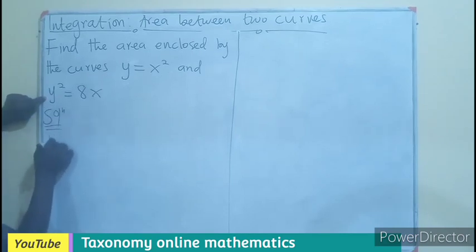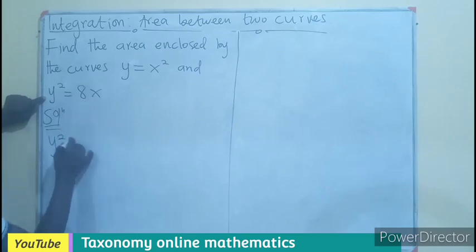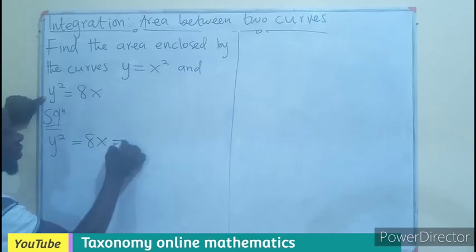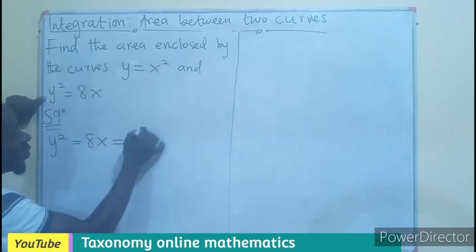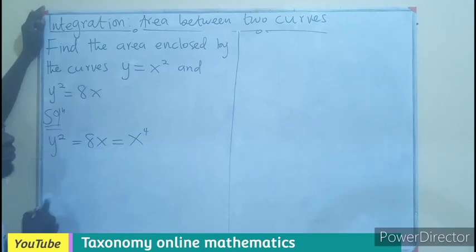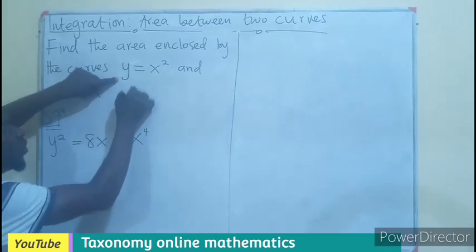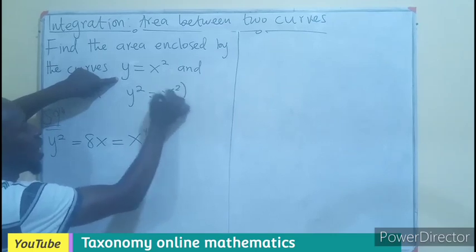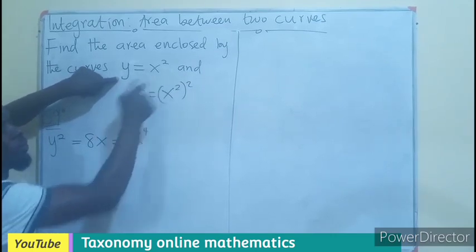If I square y, it will be equal to this. And if I square this y, it will be equal to x exponent 4. This is going to be y squared, then this is going to be x squared squared. I am squaring both sides.